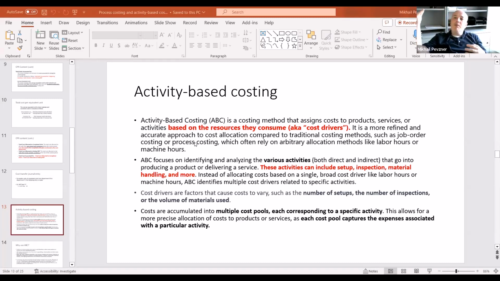We called it an overhead allocation base. And okay, $5 million of overhead.